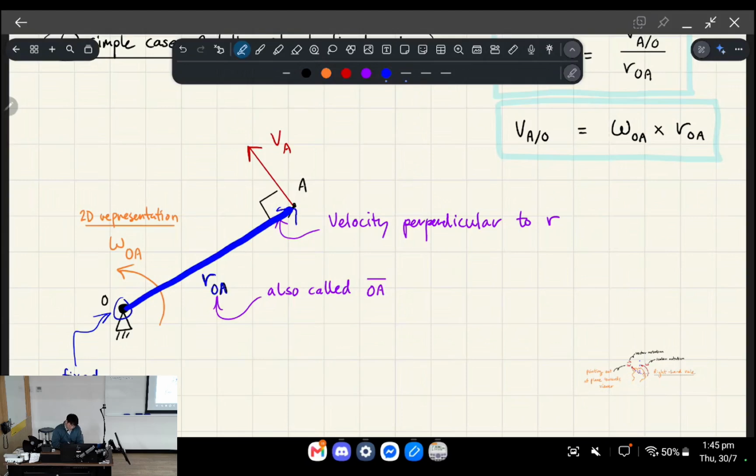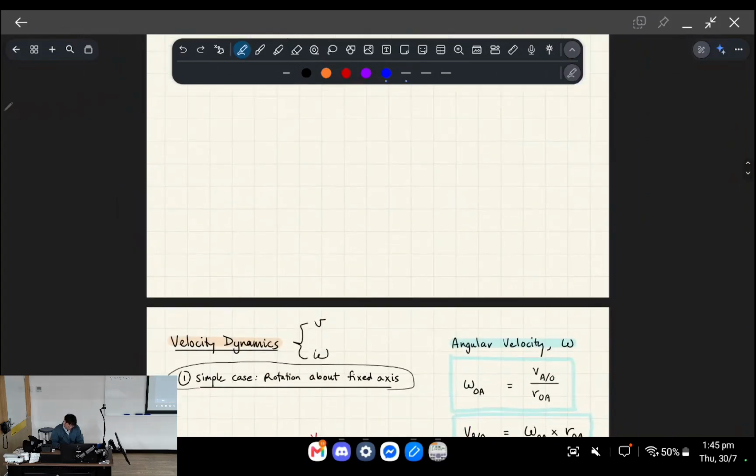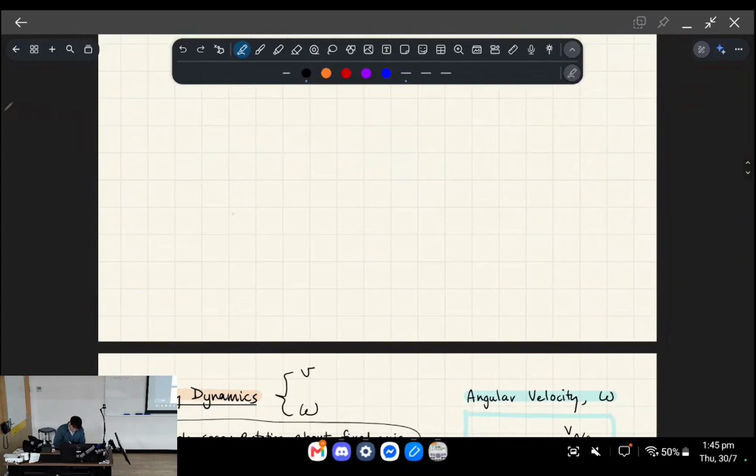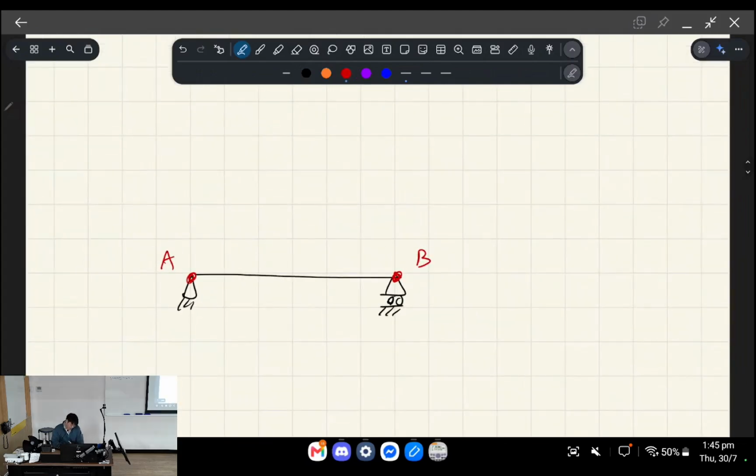Okay, so that subscript might seem at first kind of arbitrary because, for example, if I had a beam, going back to the beams part of this topic, you've got nodes, right? You've got node A and you've got node B. I might choose to call the length of that beam LAB, or I could call it LBA, and ultimately it doesn't really matter what you call it.